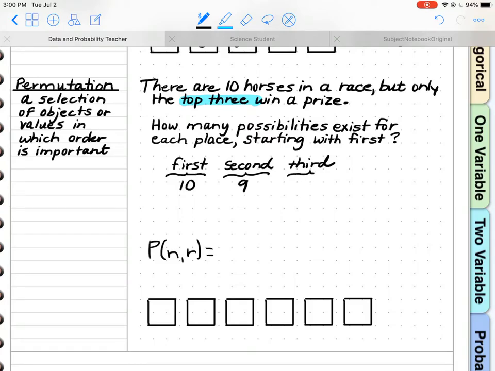And once you take out first and second place, there are only 8 possibilities for third. This is a permutation, and we're going to multiply to get our answer. So we're going to say 10 times 9 times 8, and that's 720 possible finishes.